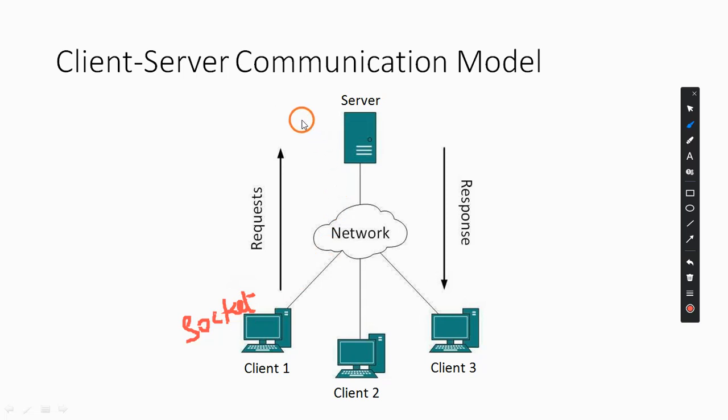And here also the Facebook server is going to open a socket. As I already told you, the socket means IP plus port. That is how a socket is identified on a system. IP address plus port. Similarly, the server also has some IP address plus port.